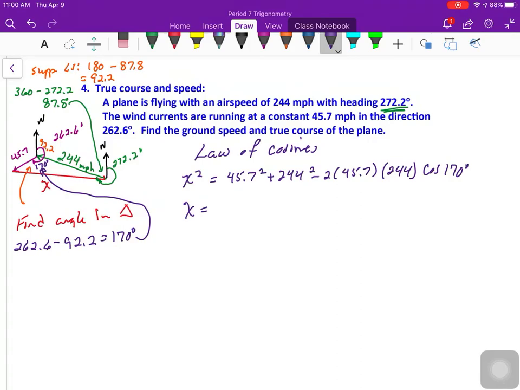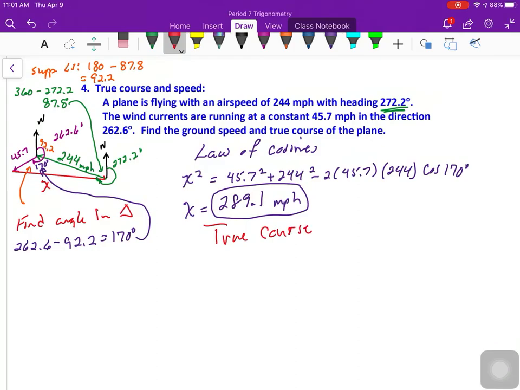So my ground speed comes out to be the square root of 45.7 squared plus 244 squared minus 2 times 45.7 times 244 times the cosine of 170. 289.1 miles per hour.